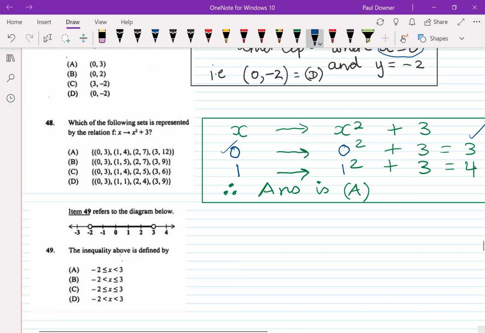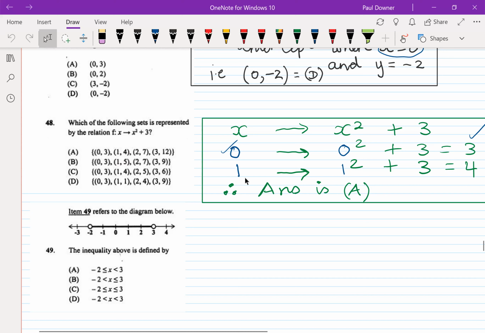Let's try another one. If it works on 2, we're good. We're going to try it with x as 1 now. We take x as 1, put it in here, and if we get 4, then we know that it works consistently.